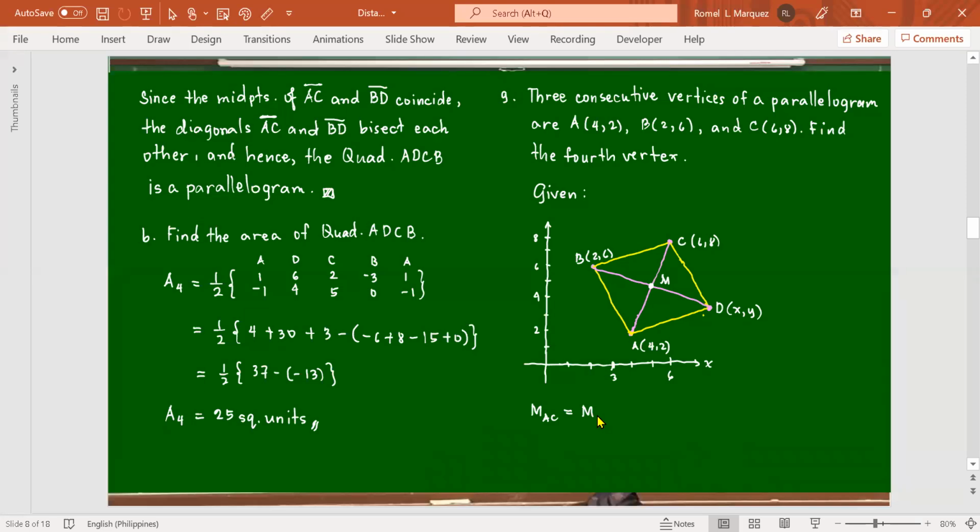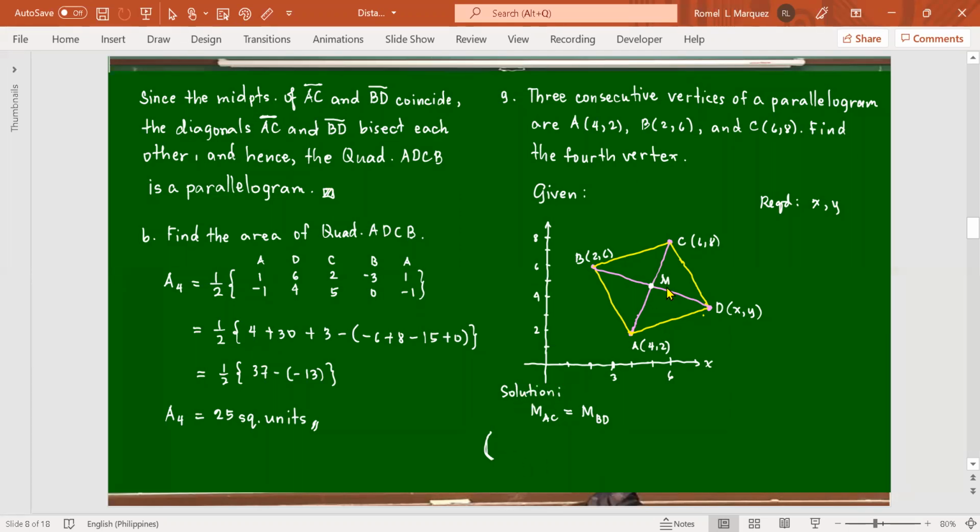But what is the midpoint of AC? We can compute that. The midpoint of AC is (5, 5), sir.